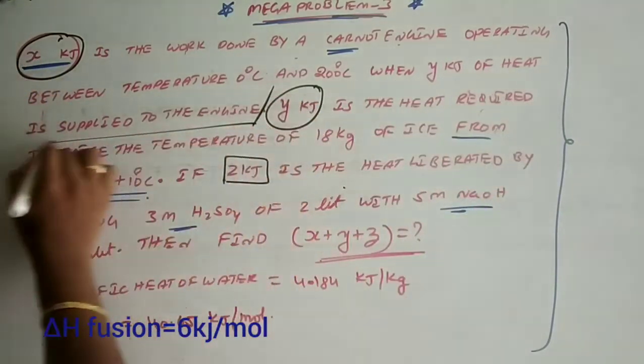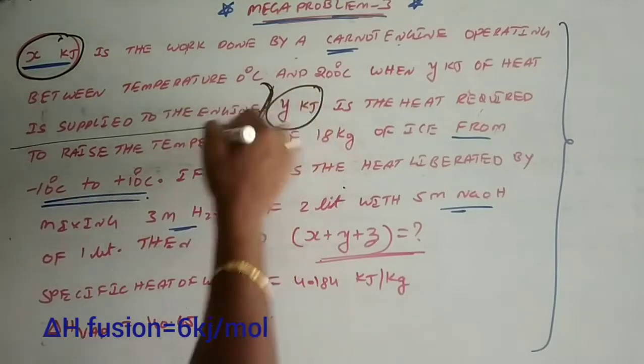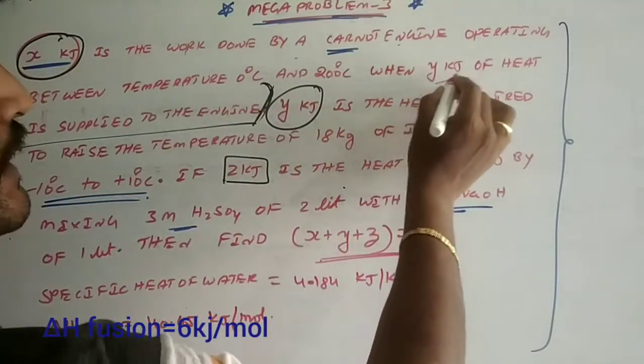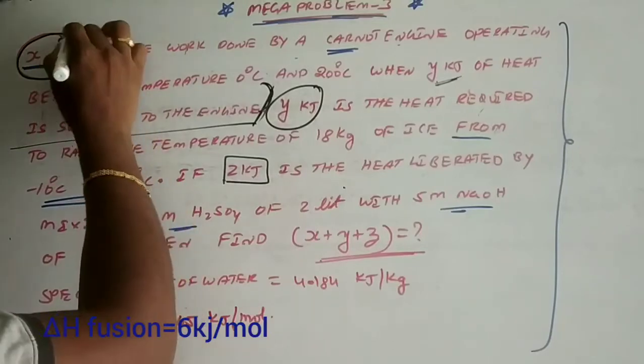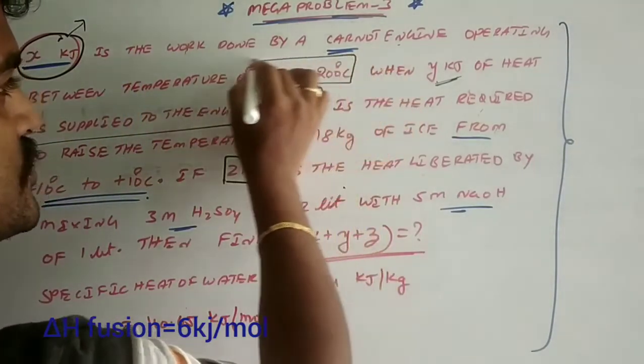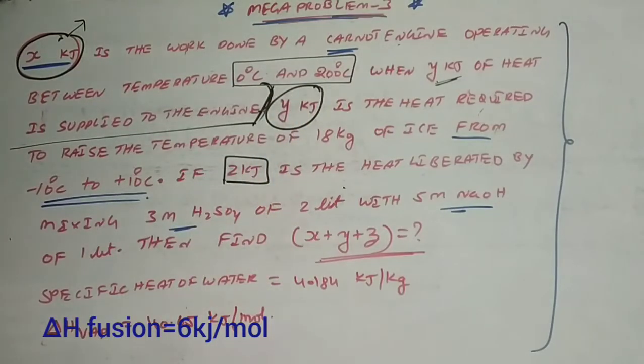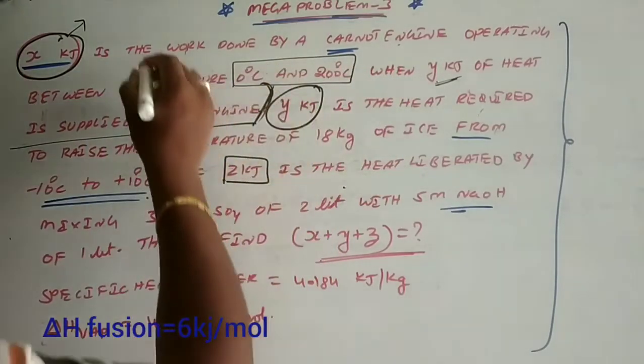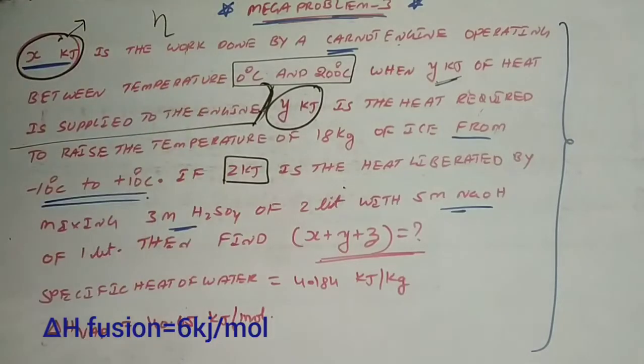This is one part. So we are supplying Y kilojoules of heat, it is doing X kilojoules of work, and it is operating between 0 and 200 degrees centigrade. This is based on the efficiency of the Carnot engine.